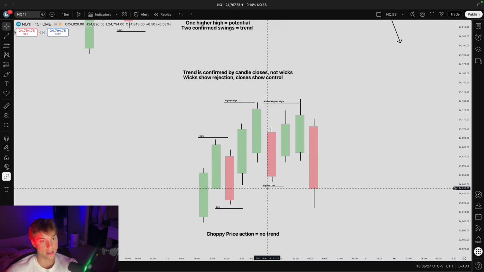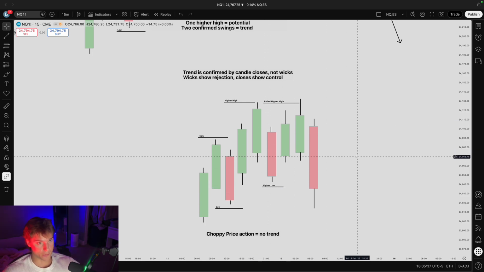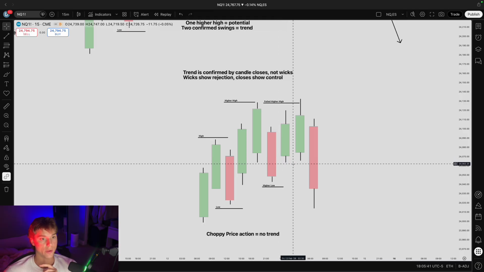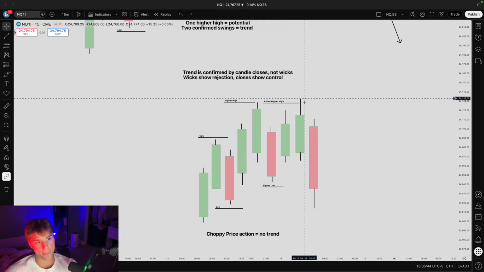So now that we see the higher high and the higher low, boom, we know it's going to be a bullish trend, right? And now we want to see this trend continue. We need to see this trend continue with a higher high and a higher low.